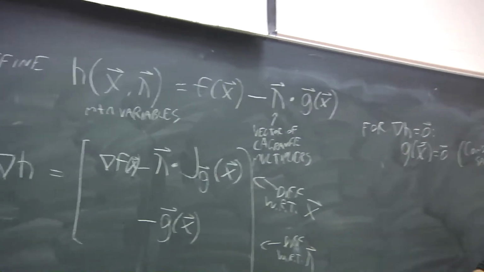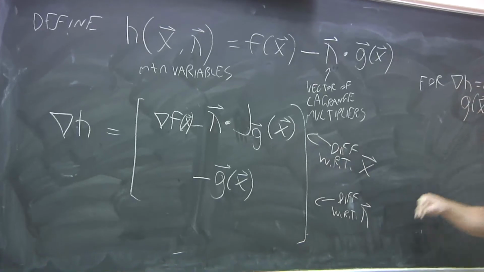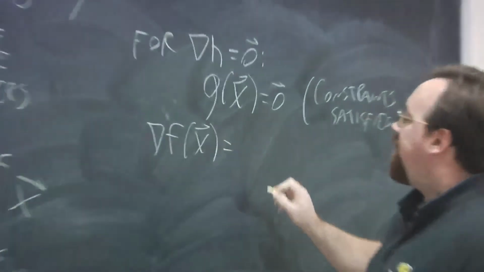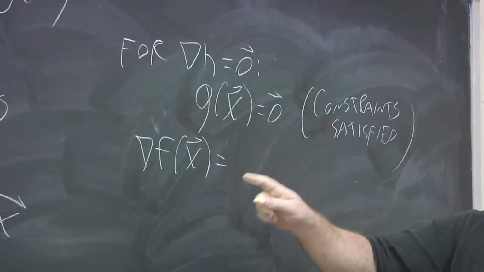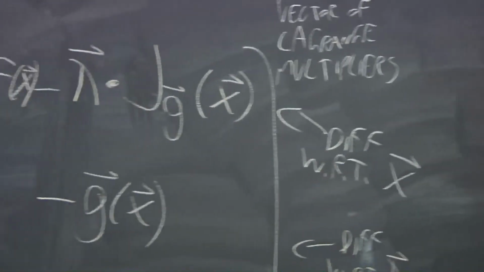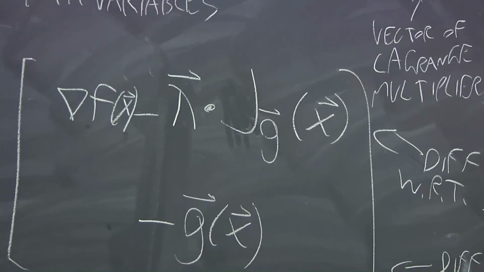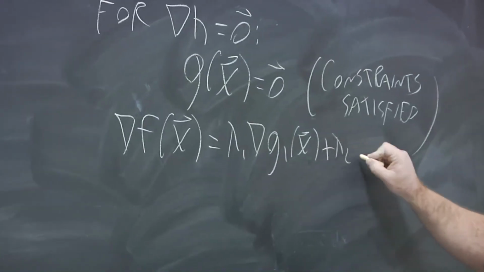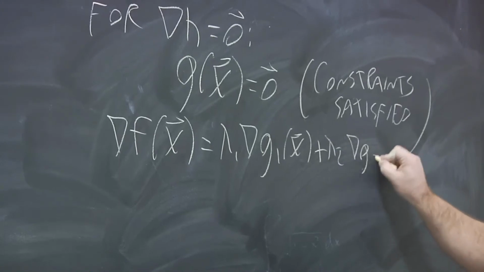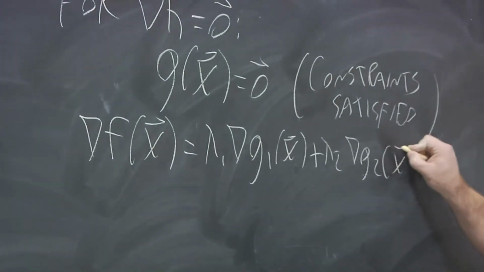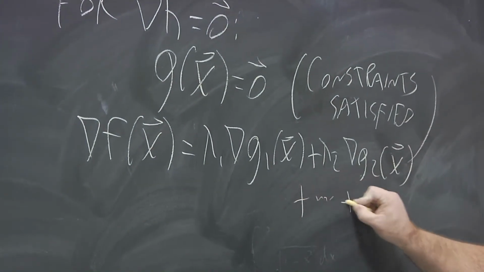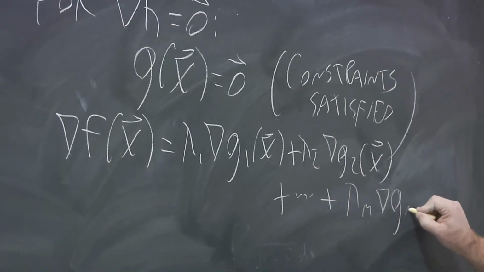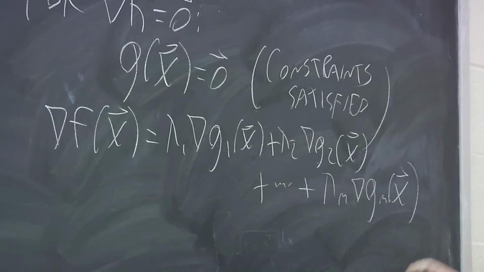And from this part, what we get is that the gradient of f must be equal to this dot product, which is lambda 1 times the gradient of g1, plus lambda 2 times the gradient of g2, and so on, for however many constraints that we have.